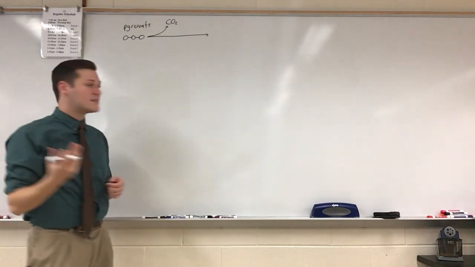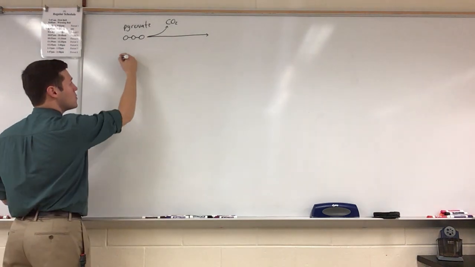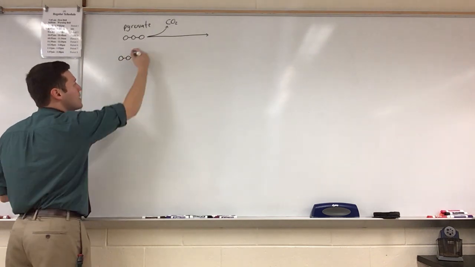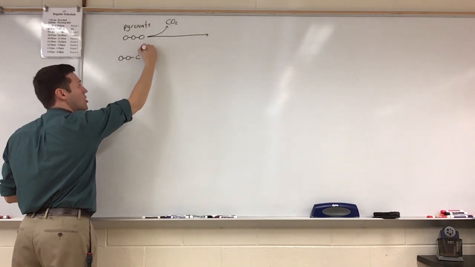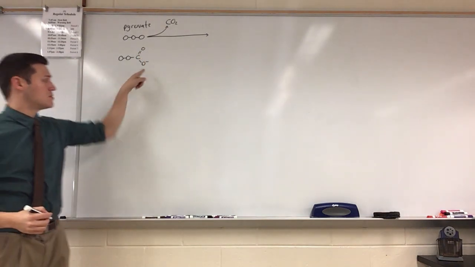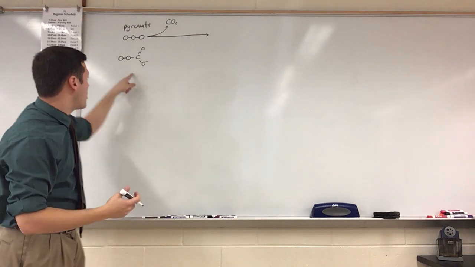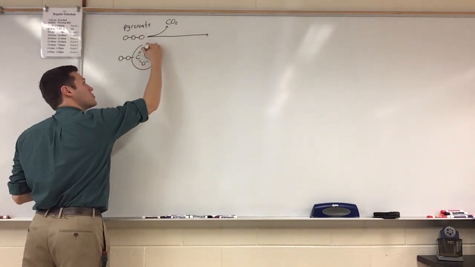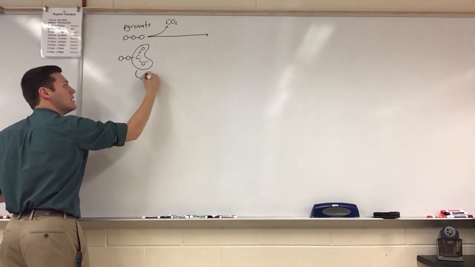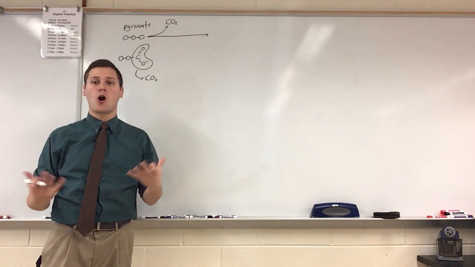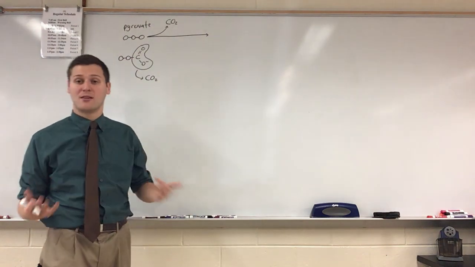That's because if you look at a pyruvate molecule, we have our 2 carbons, and that 3rd carbon is actually a carboxyl group without the H, so it's ionized. This carboxyl group will leave as CO2. So if we just lost a carbon, we now are left with a 2-carbon molecule.